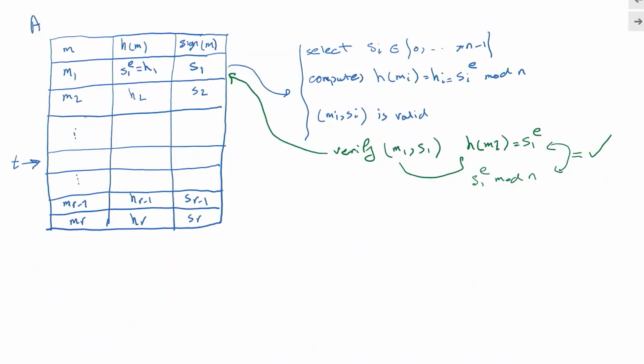For every other location that he asked for a query, we won't say anything special. For one of those locations, the T-th query, when he asks for that message, this is where, as we say in cryptography, we embed the hard assumption.